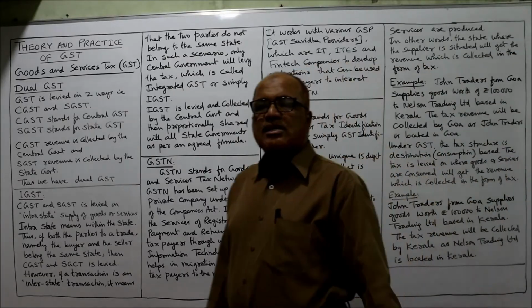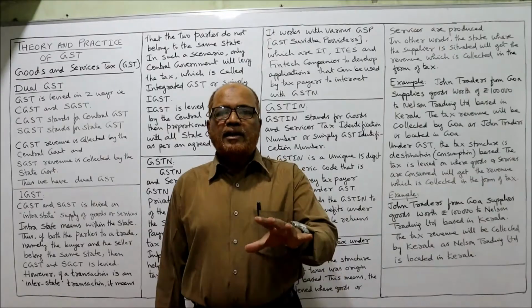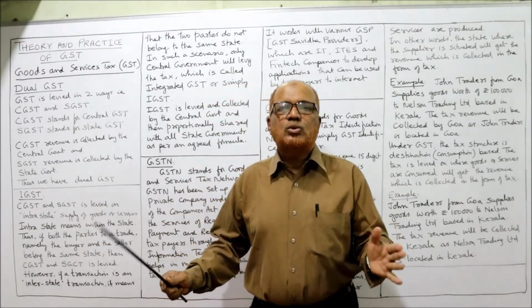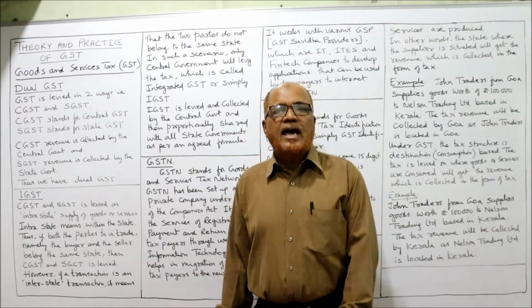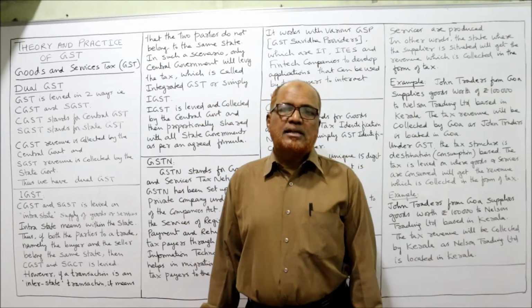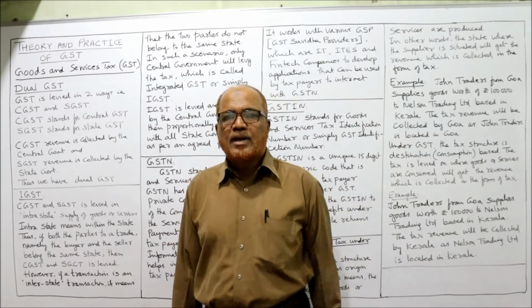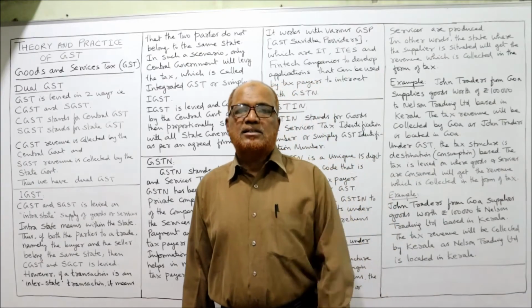The first concept I'm going to explain is dual GST. In India, the new law of GST has divided GST into two categories, that is CGST and SGST. CGST stands for Central GST and SGST stands for State GST.